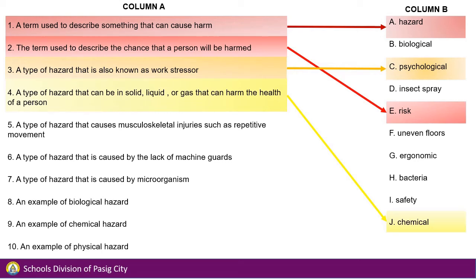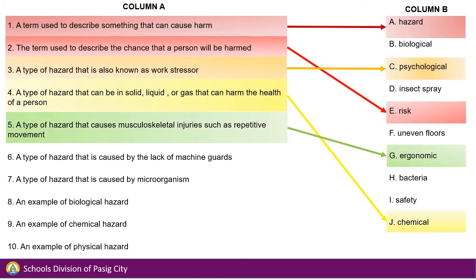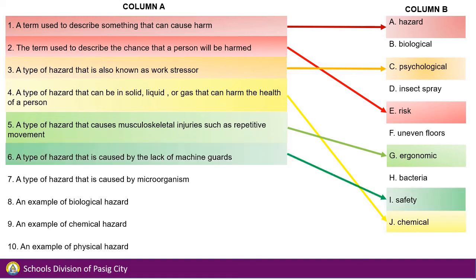A type of hazard that causes musculoskeletal injuries such as repetitive movement. G. Ergonomic. 6. A type of hazard that is caused by the lack of machine guards. I. Safety. 7. A type of hazard that is caused by microorganisms.